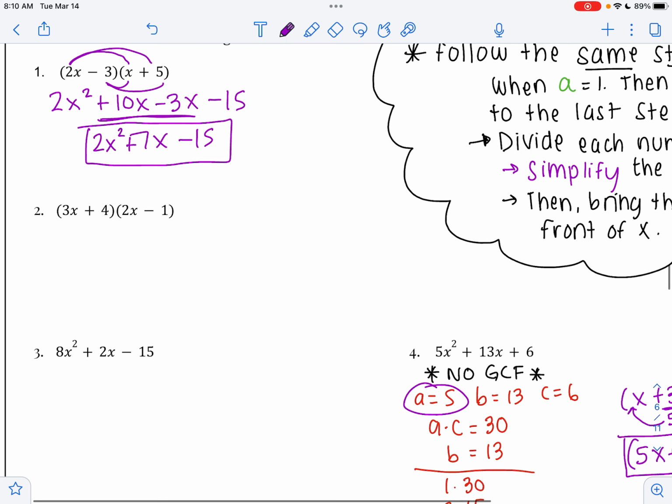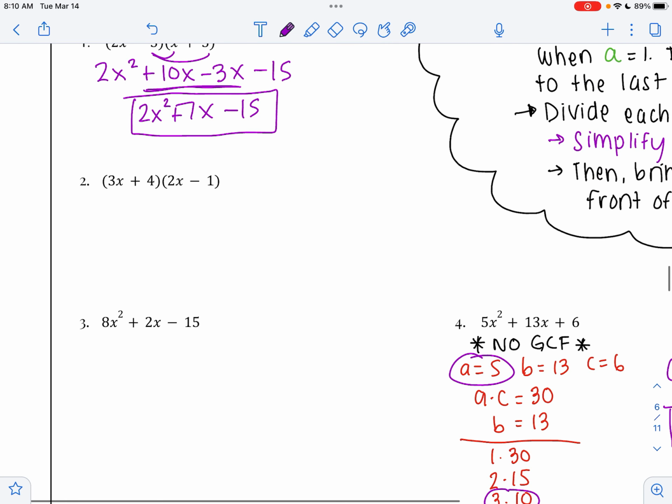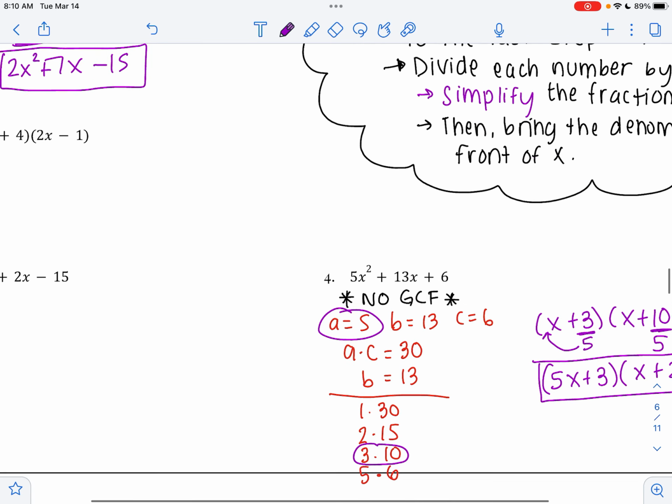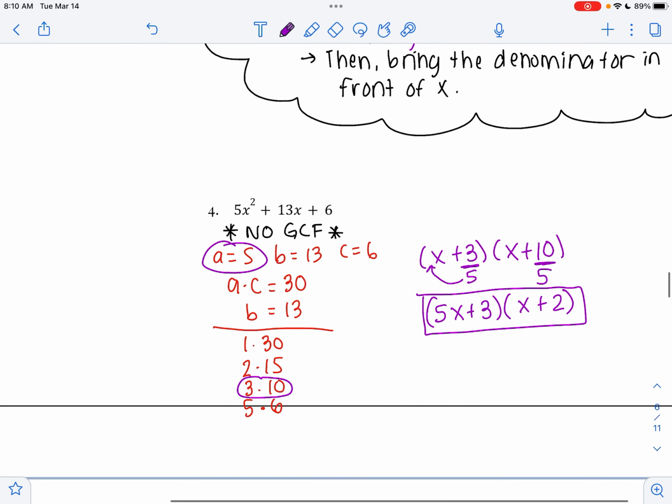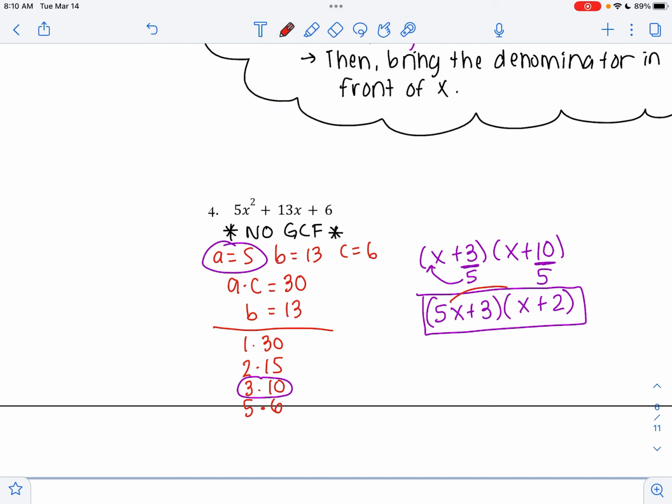So if we were going to check number, we'll just skip 2. I should have just had you guys check here instead to make it make more sense. So let's do this. 5x times x, and we won't do this every time, but just to show you what I mean. That's 5x squared, because remember x times x is x squared. And then we have 5x times 2, which is 10x.